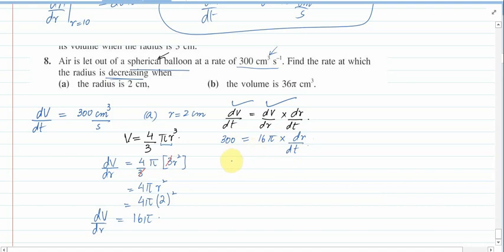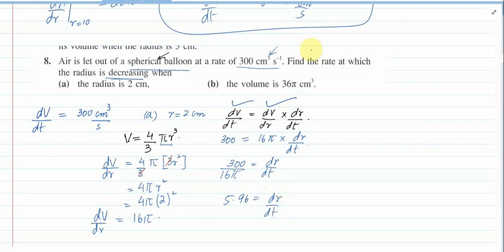So that will be 300 divided by 16 pi equals dr upon dt. We can easily solve it. 300 divided by 16 divided by 3.142 pi, that equals 5.96 equals dr upon dt.